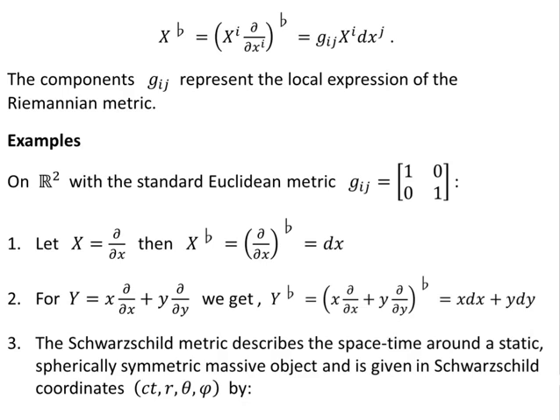Each space will have its own metric. And they will lower this index, and so will produce a different result. So the components Gij represent the local expression of the Riemannian metric.